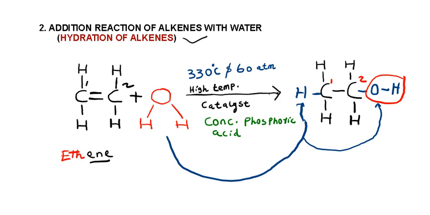Now, let us go ahead and name this saturated compound. Remember that this product produced now is a saturated compound. Because it has 2 carbons, it is called eth.